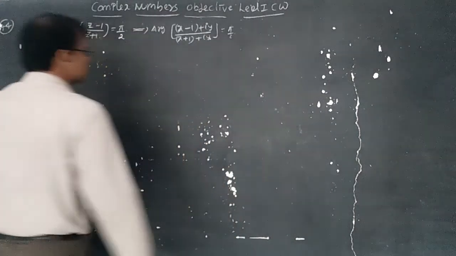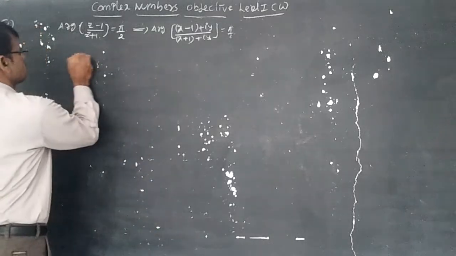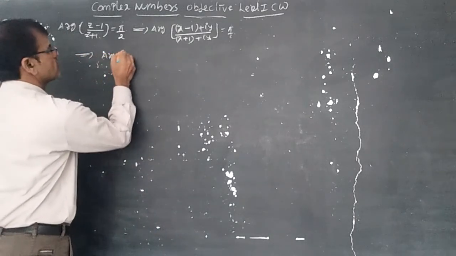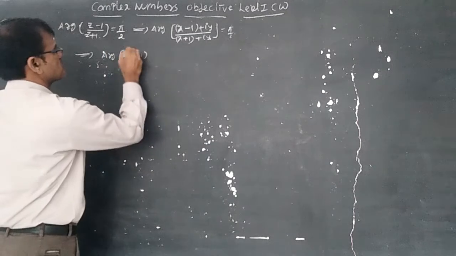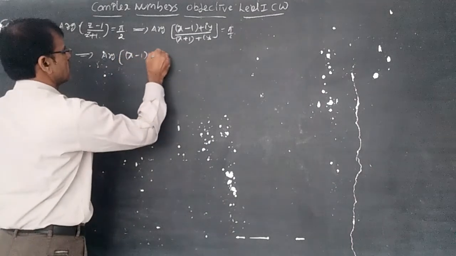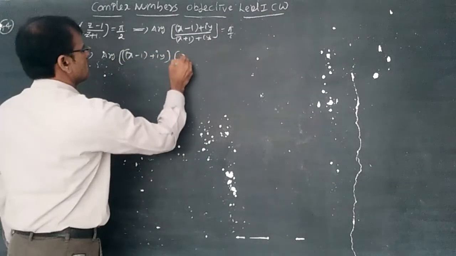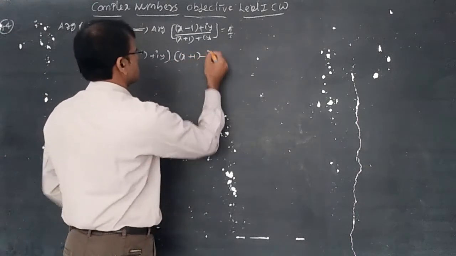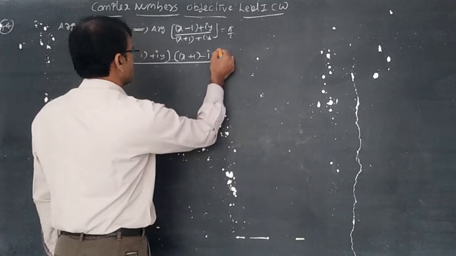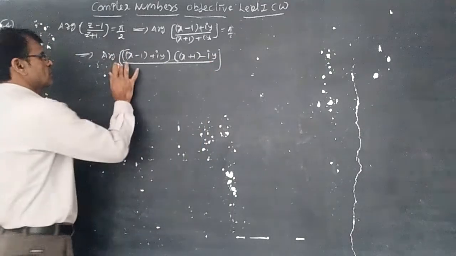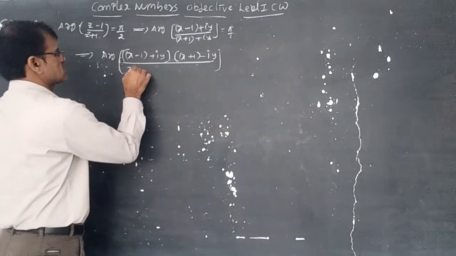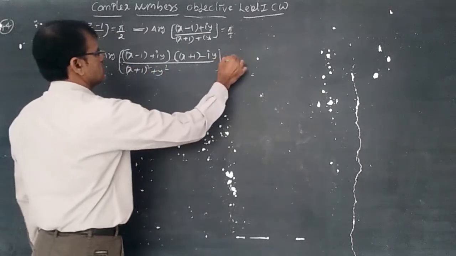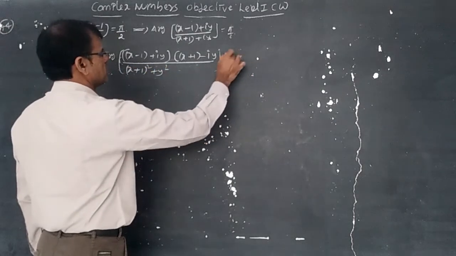So taking rationalization, that implies argument of (x minus 1 plus iy) into (x plus 1 minus iy), the opposite sign of the denominator, over (x plus 1) whole square plus y square is equal to pi by 2.